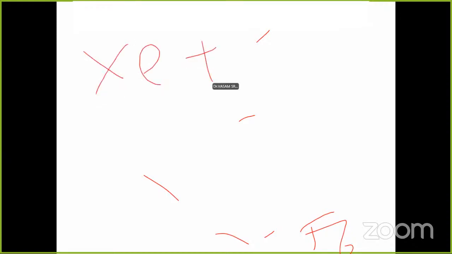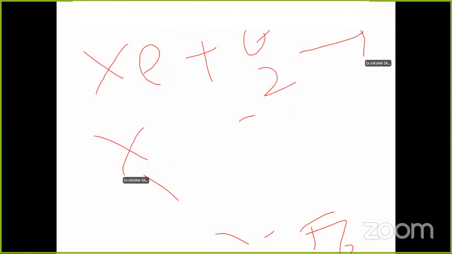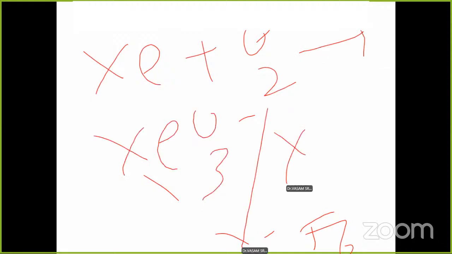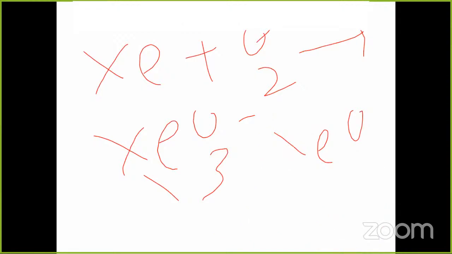In the same way, when xenon interacts with oxygen, it gives XeO3 and XeO4, xenon trioxide and xenon tetroxide. And the next one, oxyfluorides. There are three types. Xenon interacts with oxygen and fluorine to give oxyfluorides.